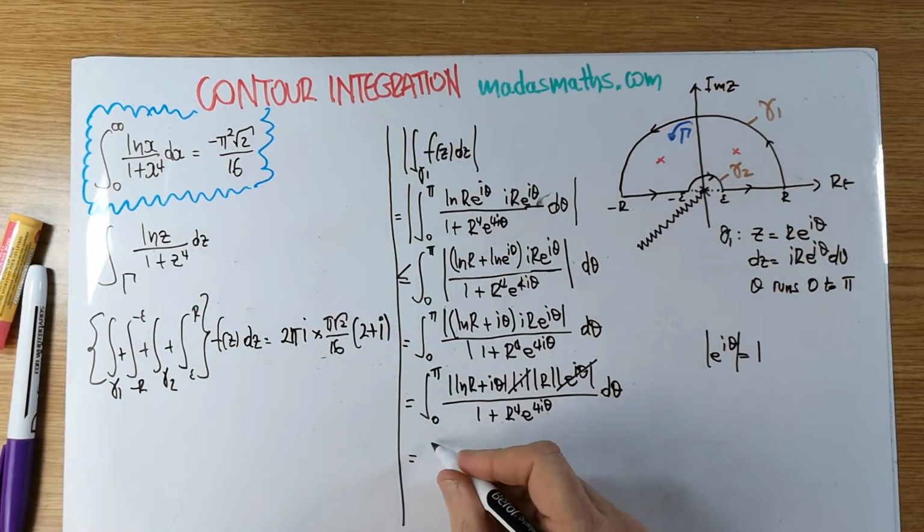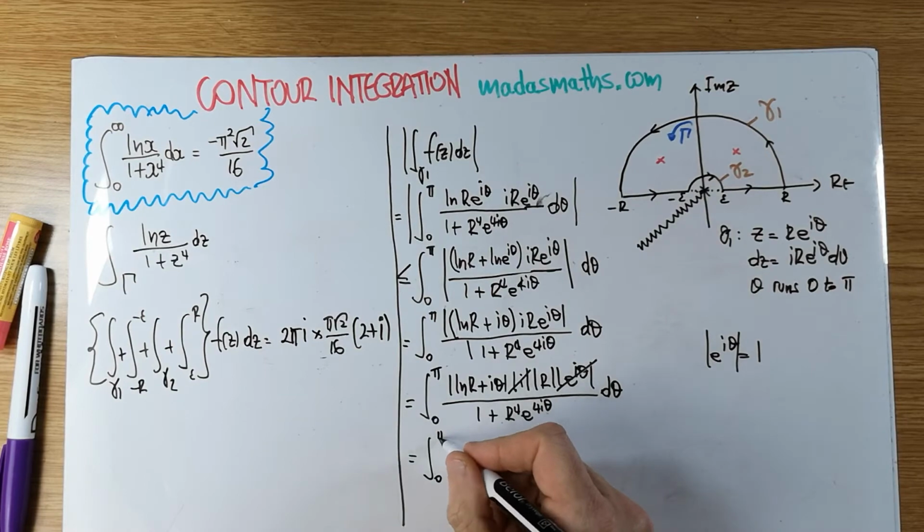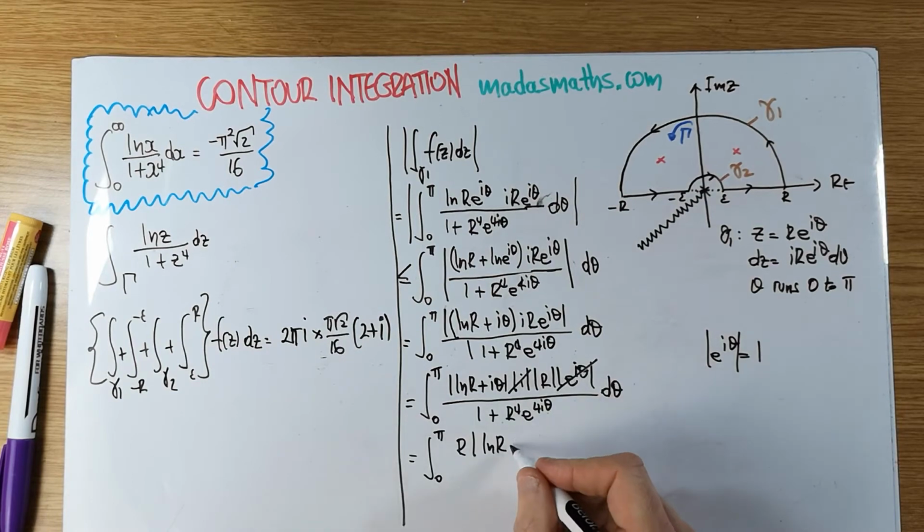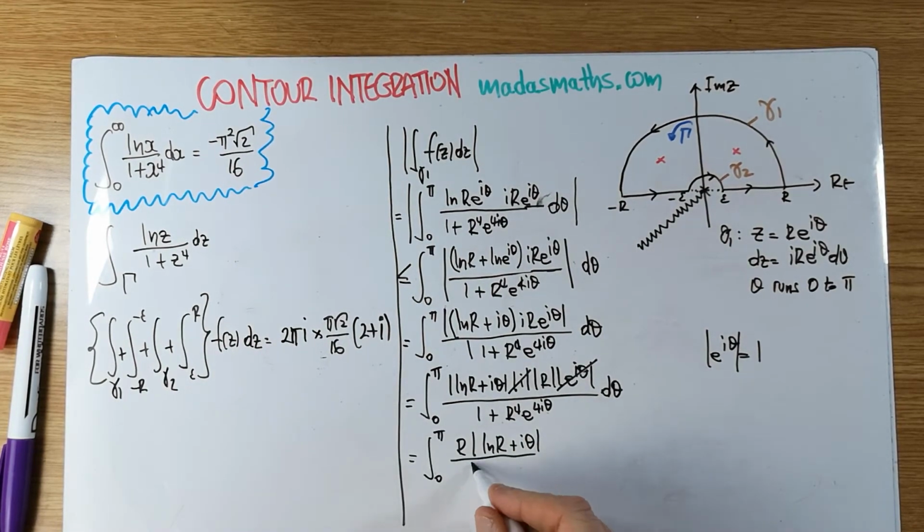So we're going to be left on the next line with r, modulus of log of r plus i theta, over 1 plus r to the 4 e to the 4 i theta d theta.